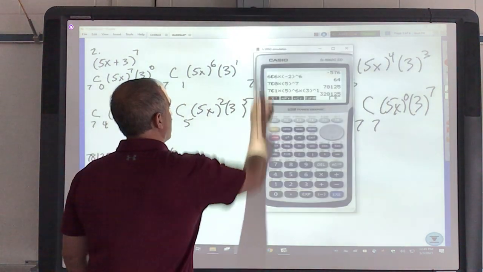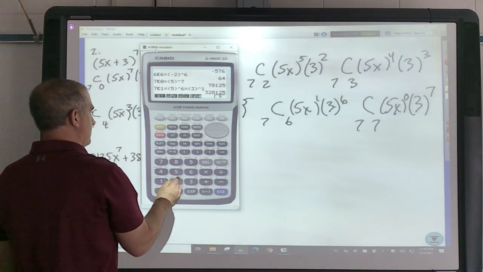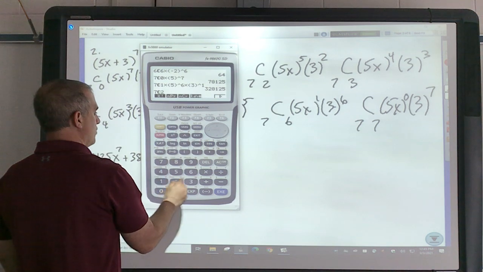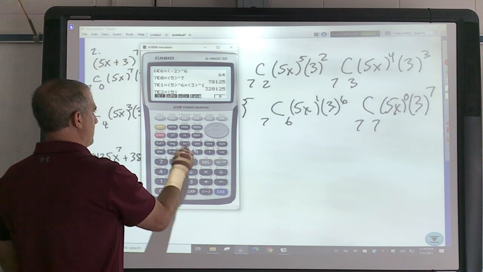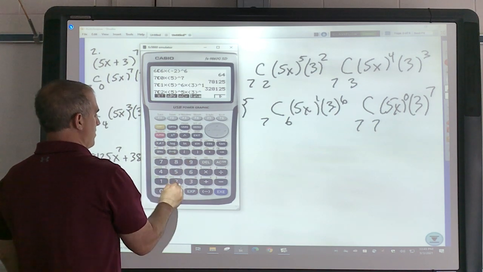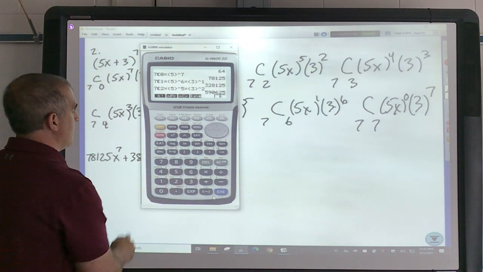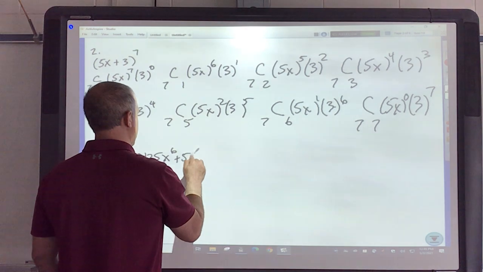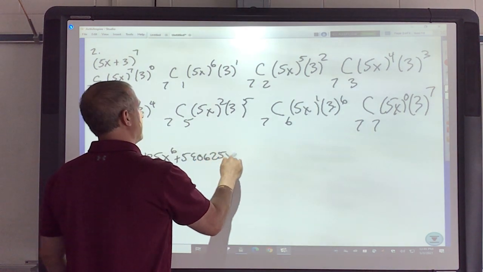Then I got 7 choose 2 times 5 to the 5th times 3 squared. That's 590,625 x^5.